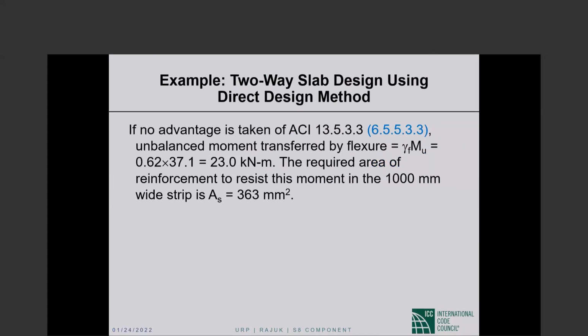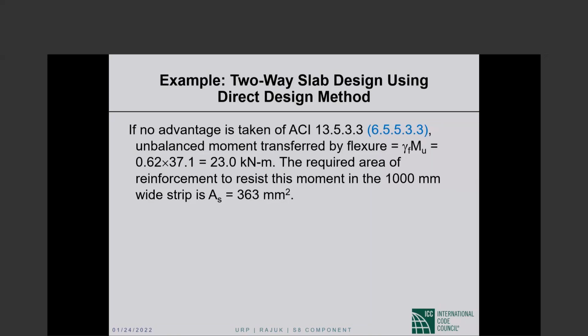We can increase the 62% to 100%, the entire unbalanced moment taken by flexure, if, remember, V sub u at an edge column is less than 75% of what concrete can carry, phi times V sub c.